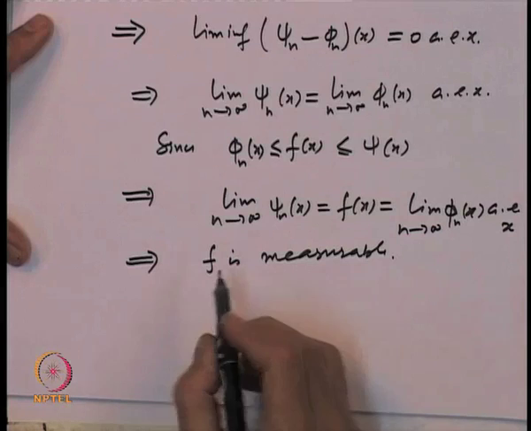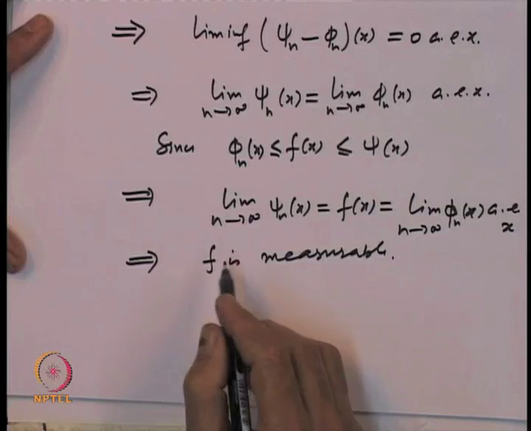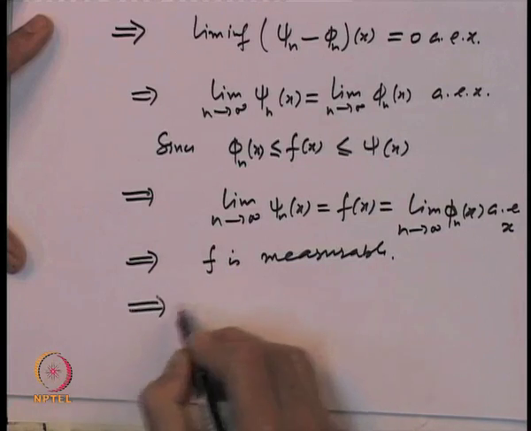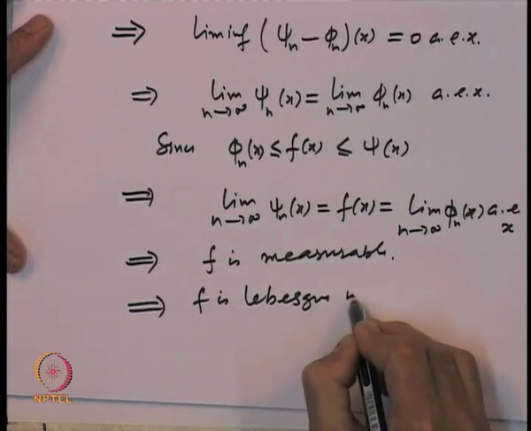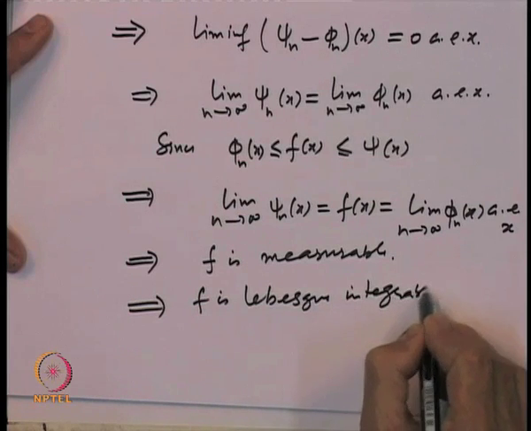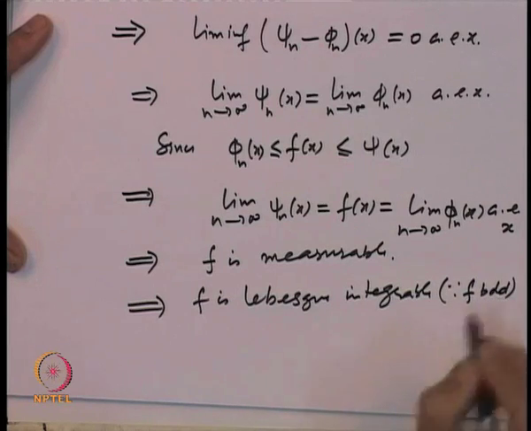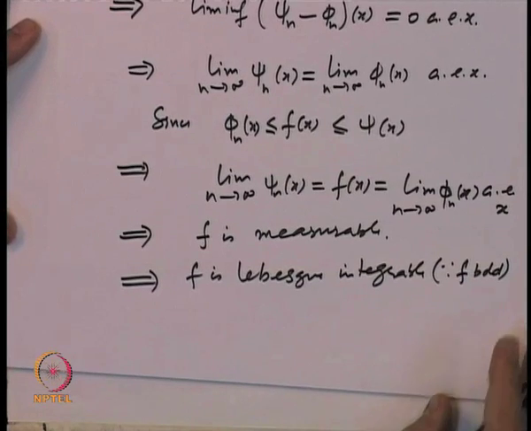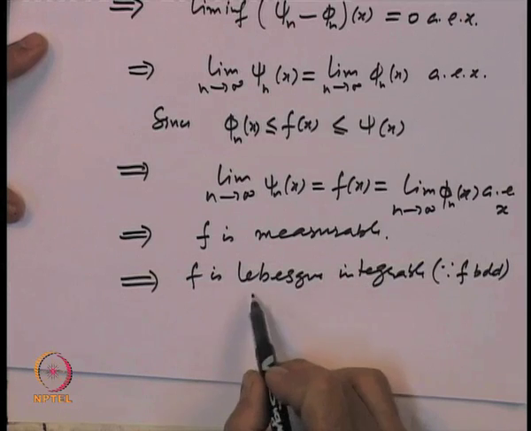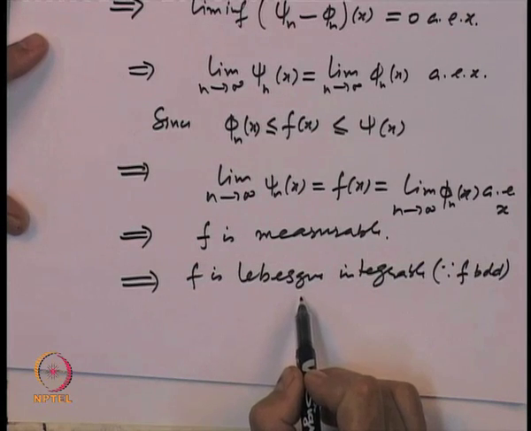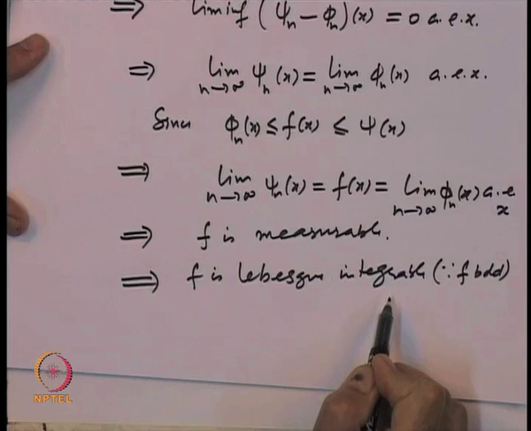But recall f was a Riemann integrable function. So, obviously, it is a bounded function. So, f is Lebesgue integrable, because f is bounded: every bounded measurable function defined on a b, which is a finite measure space, must be integrable, as we had observed earlier.